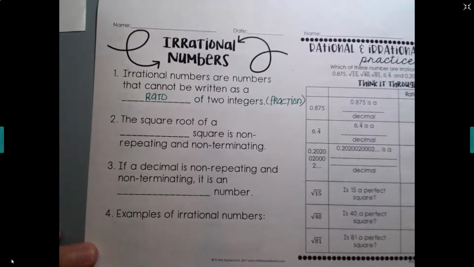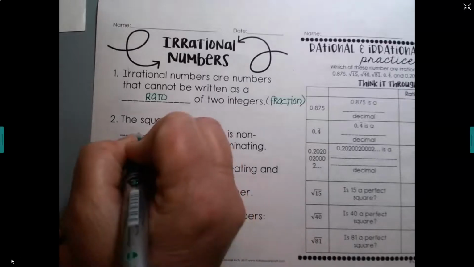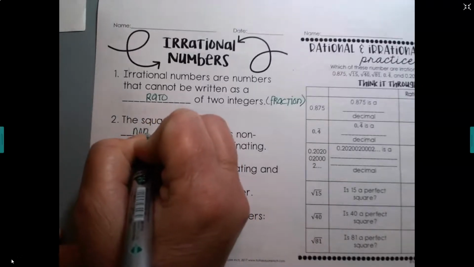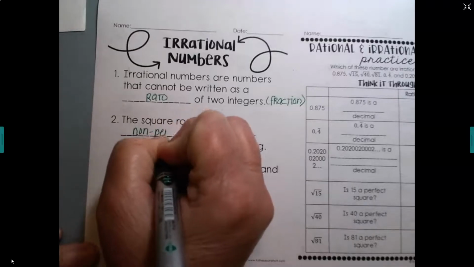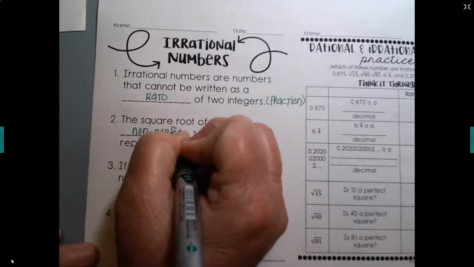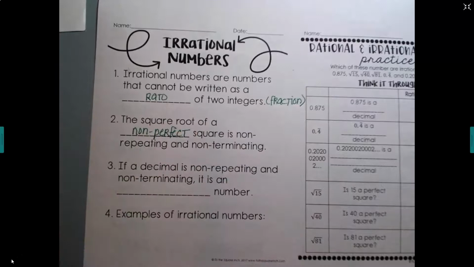A number is irrational if it is the square root of a non-perfect square. We're going to be talking about these shortly. I wanted to introduce the words before we started the actual math. It is also irrational if it is a non-repeating, non-terminating decimal.